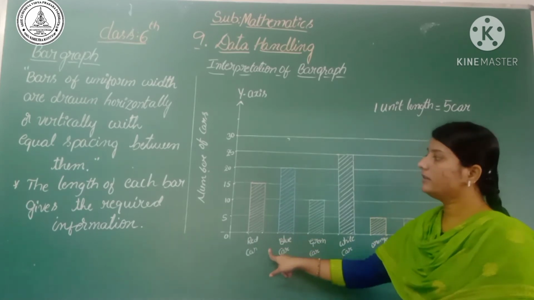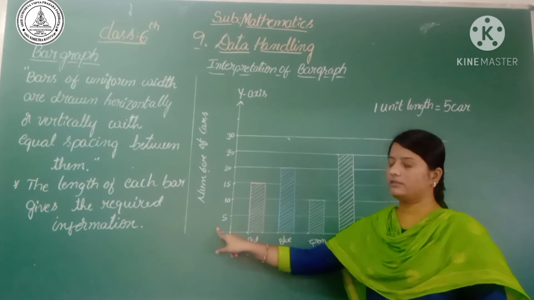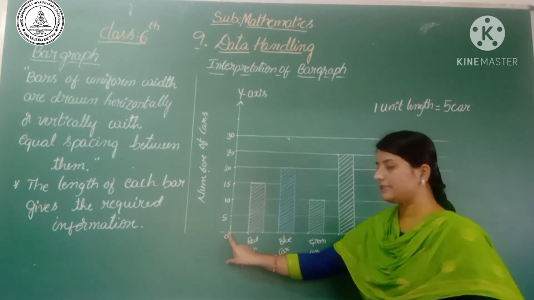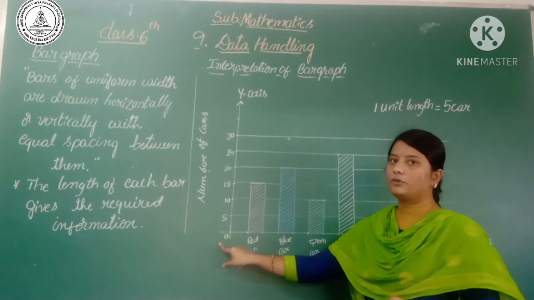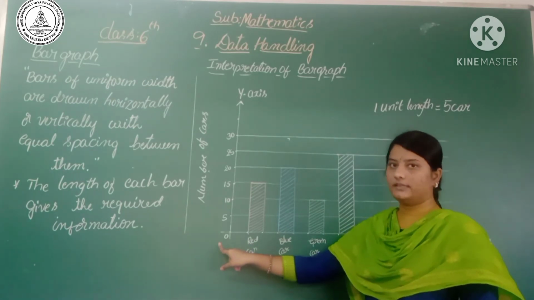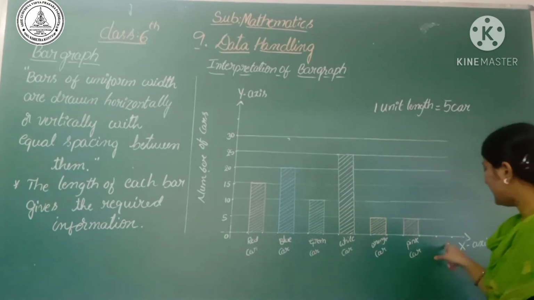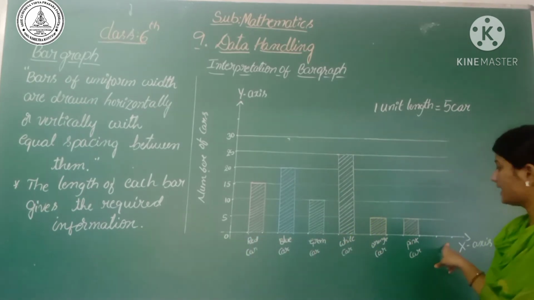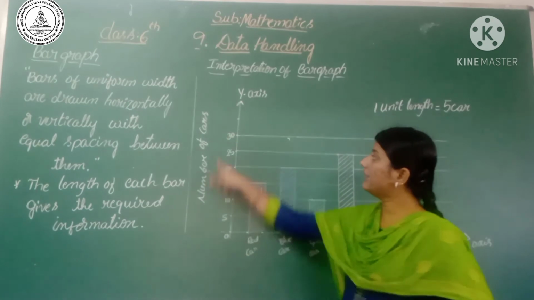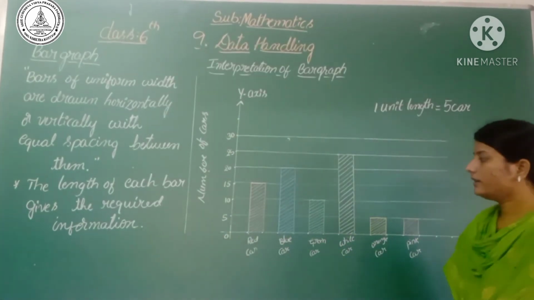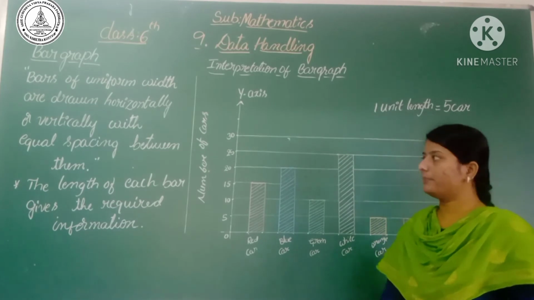In the bar graph we can see the intersecting point, that is, the initial point, which is 0. The horizontal line is the x-axis and the vertical line is the y-axis. Here I have taken one example.